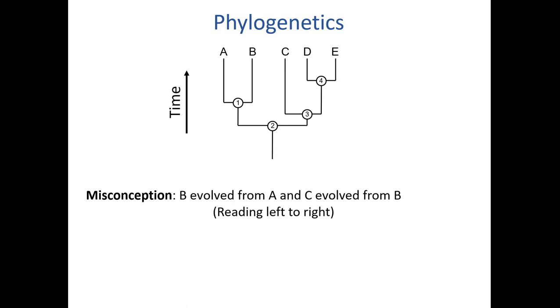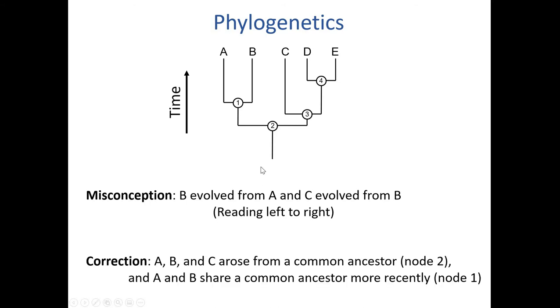Okay, next misconception is that species B here evolved from species A, species C evolved from species B, and so on. And so basically the way that you'd arrive at this misconception is by reading this from left to right. And so that is an incorrect way to read it. So the actual relationship here between A, B, and C is that A, B, and C all arose from the same last common ancestor.